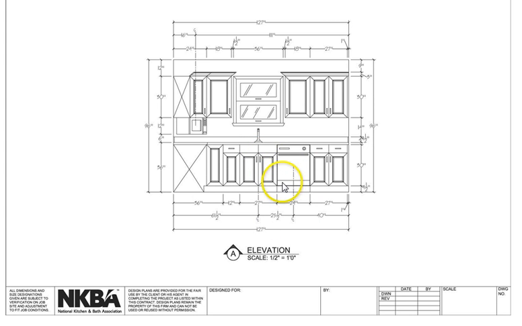Again, that would be things like your dishwasher, your sink, or your microwave. You will notice that dimension strings are pulled on all 4 sides of the elevation. That is an NKBA standard, even if some of the dimensions are redundant. For example, the 96 inches for the overall height is indicated on both sides, as well as the 127 inches for the length of the wall is indicated both on top and bottom. Even though it's redundant, we still pull those dimension strings on all 4 sides of the elevation.